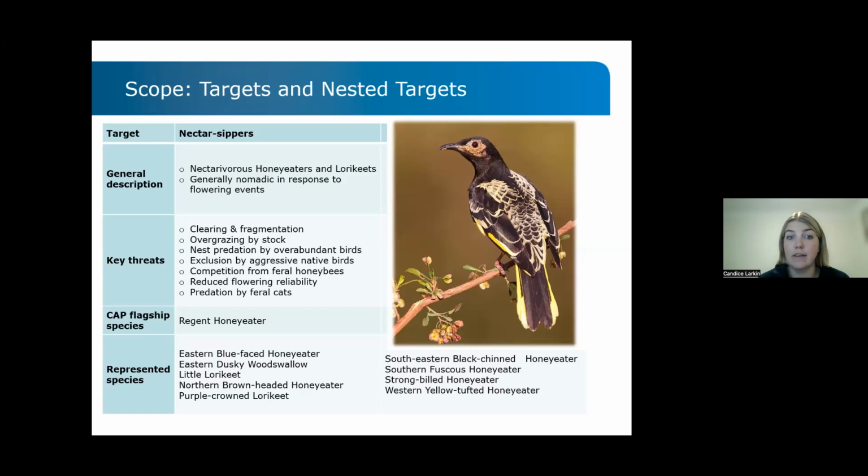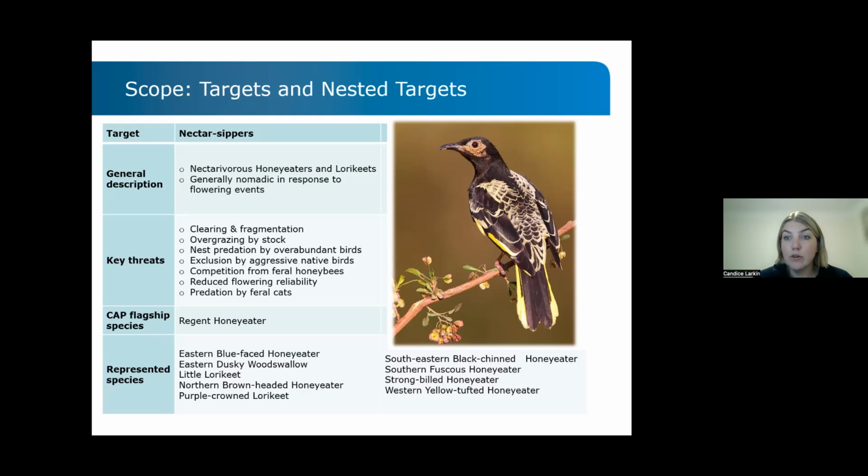So the key issue for these guys is often clearing and fragmentation, nest predation by birds such as pied currawongs. They also get excluded by other more competitive honeyeaters, such as the noisy miner. And there's potential for threats from feral honeybees, which at the moment is probably quite concerning.